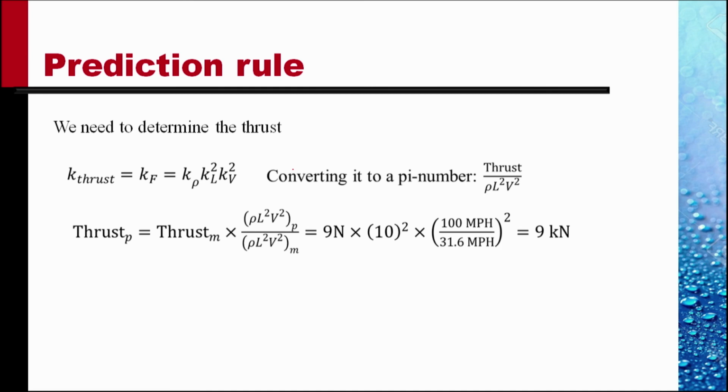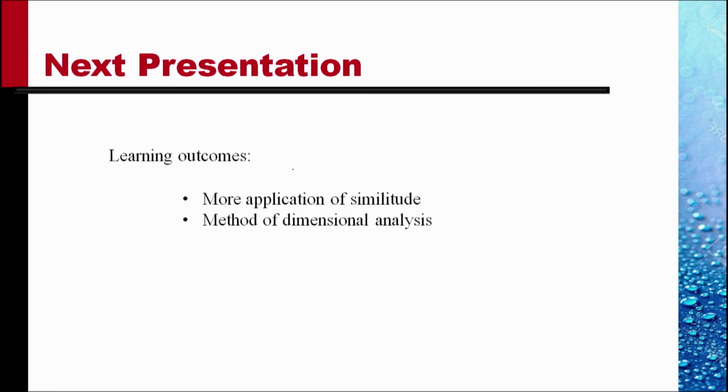So, from this, thrust for the prototype is determined as 9 kilonewton compared to 9 Newton for the thrust in the model. Thus, we have been able to use the scale factor for developing both the modeling rule as well as the prediction rule. Thank you.